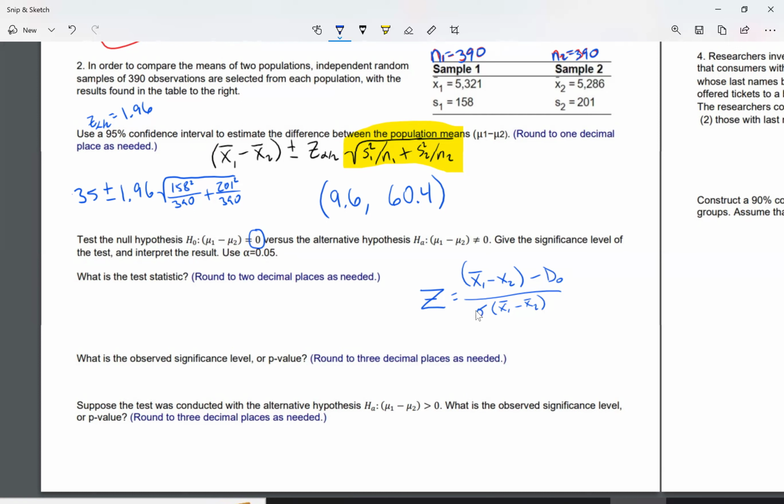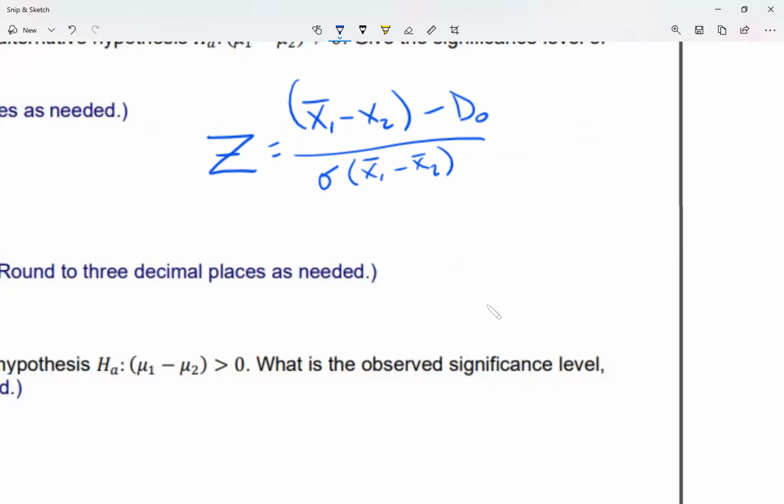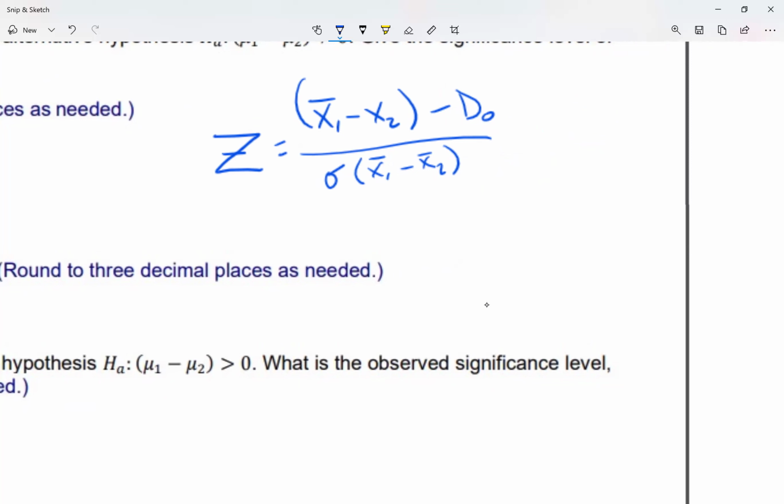Now, this thing right here, how do I do the variance? Let me show you. I remembered, I showed you guys that I need the standard deviation, right? So I know the variance, to the second power, of x1 crossbar minus x2 crossbar.